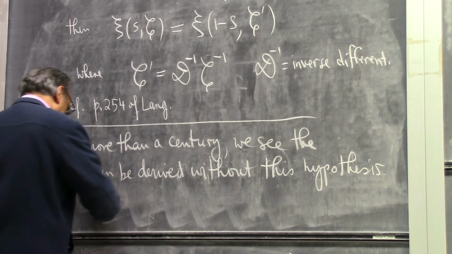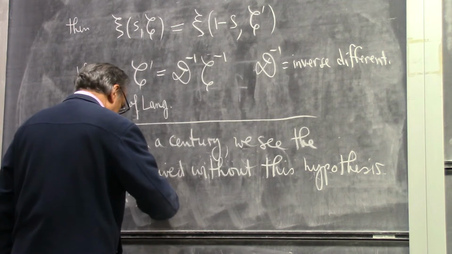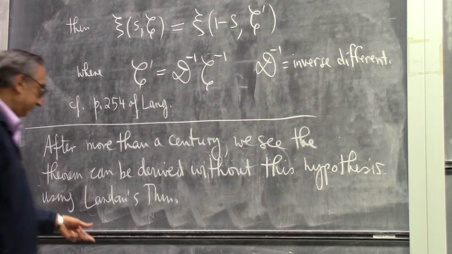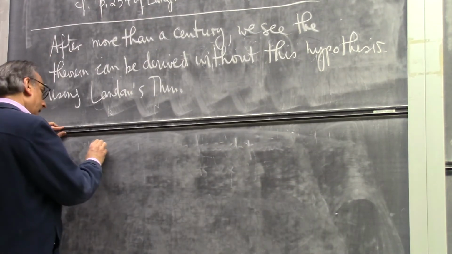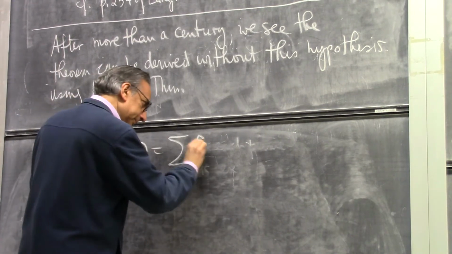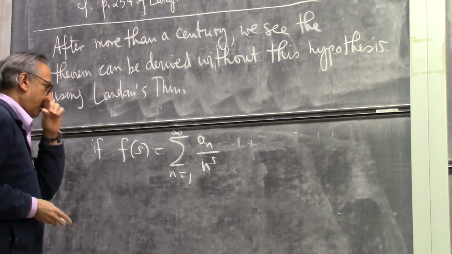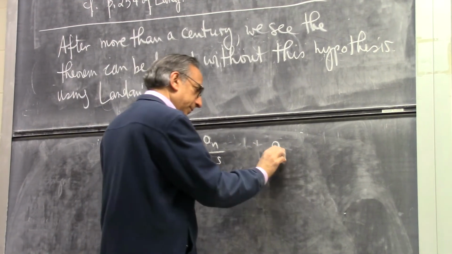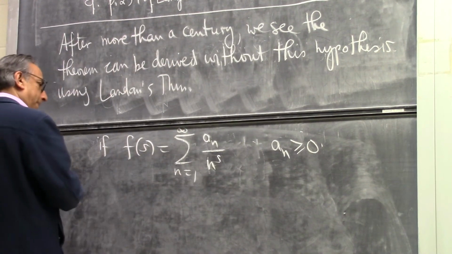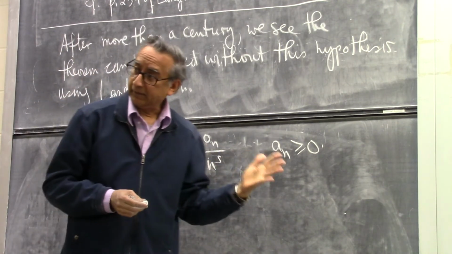Landau's theorem was proved in the early 1920s. Maybe it was proved a little earlier, but certainly in the 20th century. So what does this theorem say? It says that if you have a Dirichlet series with non-negative real coefficients, then there's something called the abscissa of convergence of the Dirichlet series.